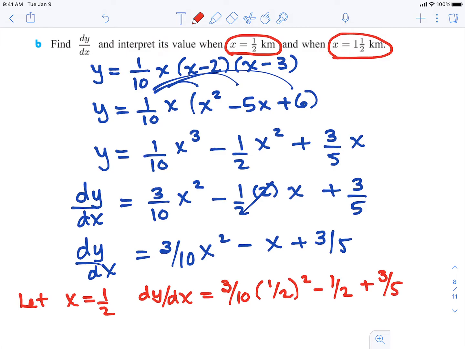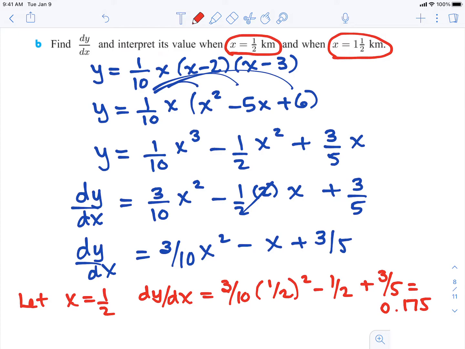In that first place, when we substitute 1/2, we get 0.175. What that represents is the height of the hill as it's increasing when x is 1/2 kilometer.